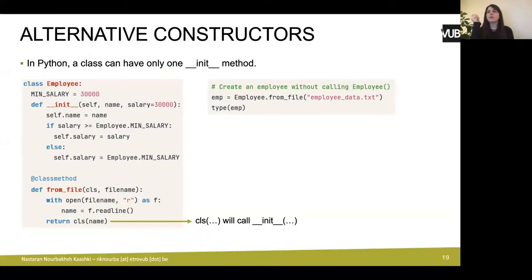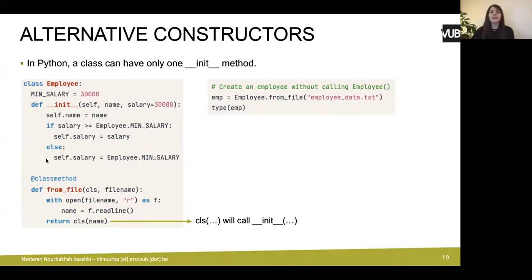But in Python, we only have one constructor, which is defined using the method __init__ with 2 underscores, leading and trailing underscores, that you can see here. The name should always be like this. But in other languages like Java and C++, the name of the constructor is the name of the class. But here, the name is this one.